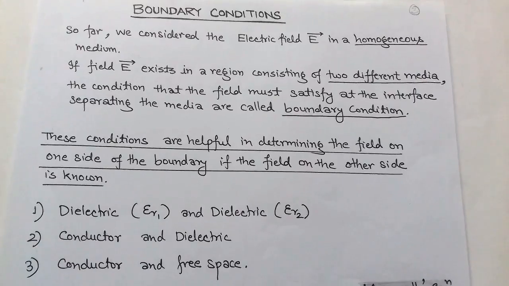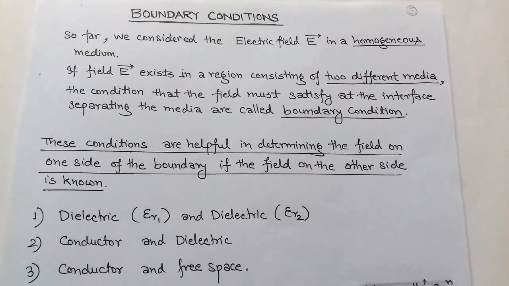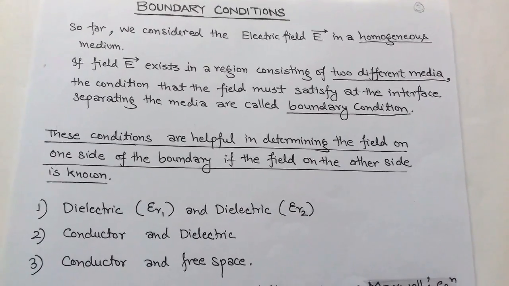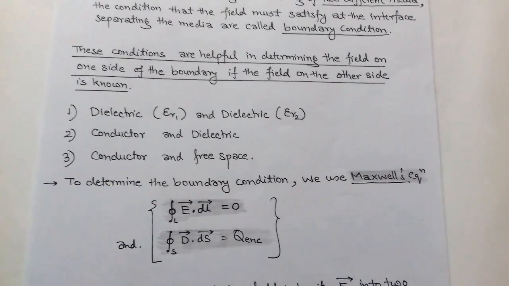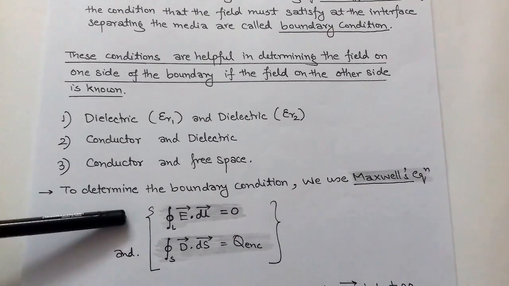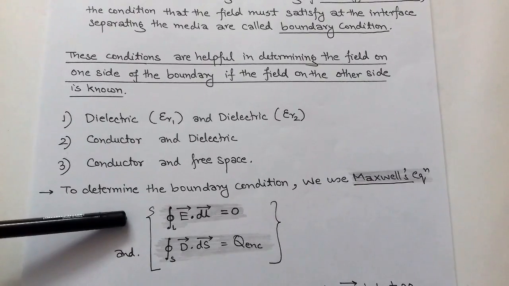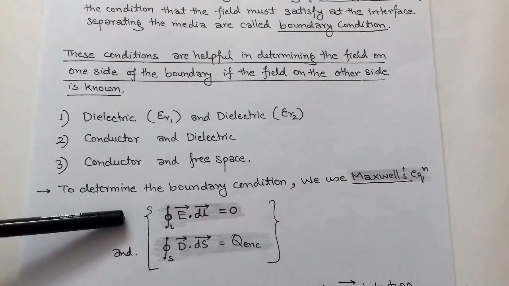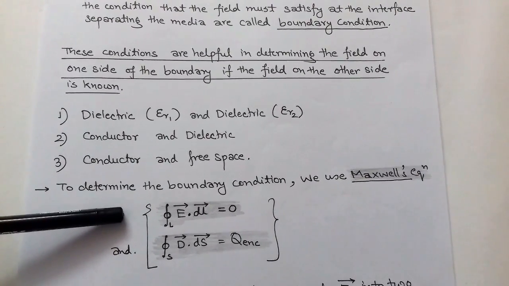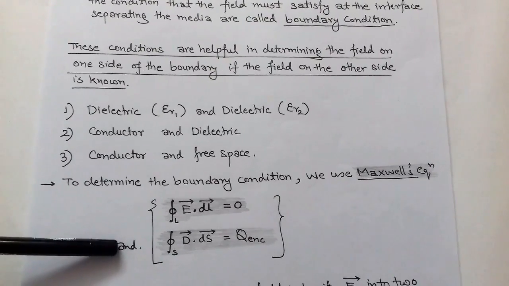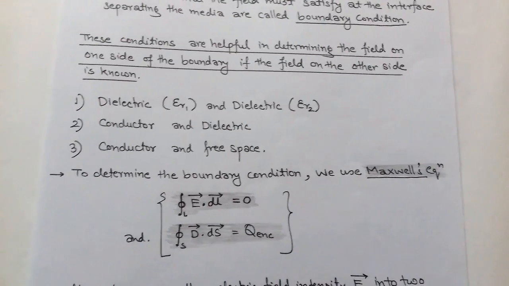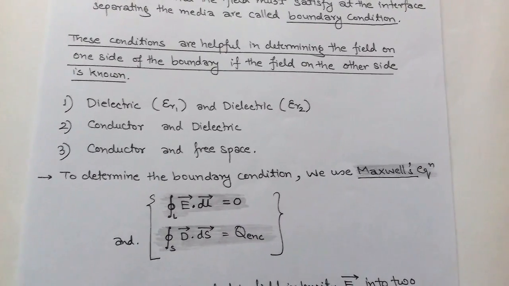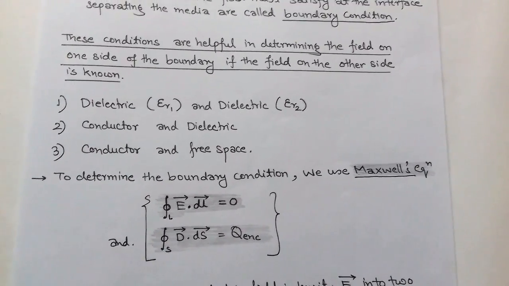Here, to determine the boundary conditions, we use two Maxwell's equations. First is the closed line integral of E dot dl equals 0, and second is the closed surface integral of D dot ds equals Q enclosed.